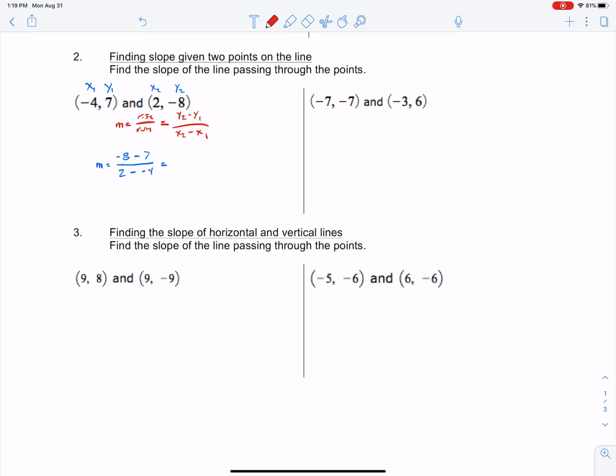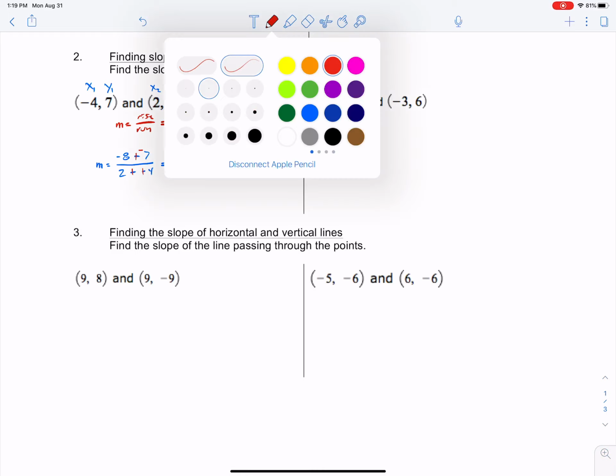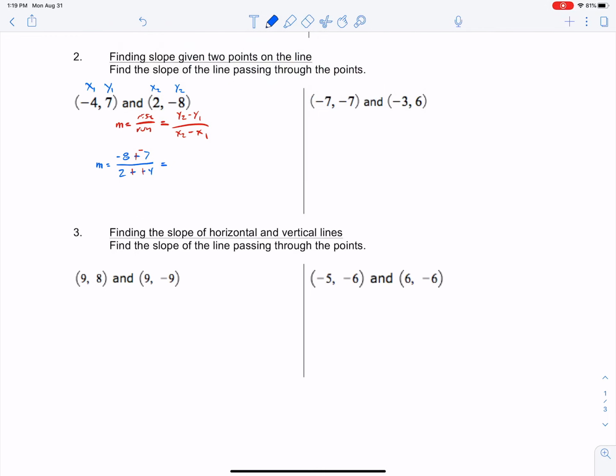If you're confused how you do negative 8 minus 7, you can always change the sign and make that a negative. So now you get negative 15. 2 minus negative 4, you can change these to pluses. I don't know if you guys knew that trick. So negative 8 plus negative 7 is negative 15. 2 minus negative 4 is the same thing as saying 2 plus 4, so that's 6.